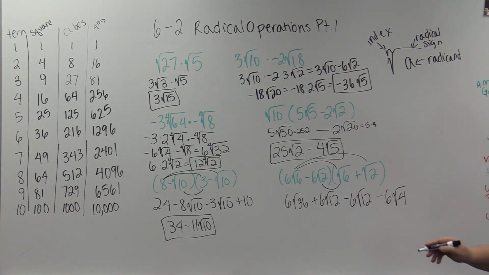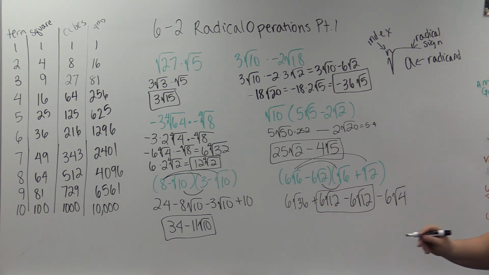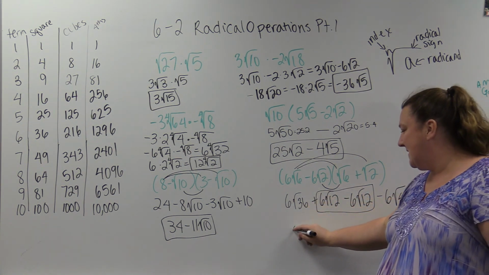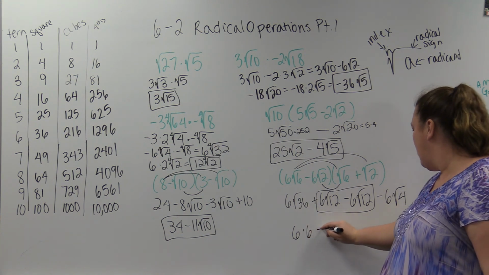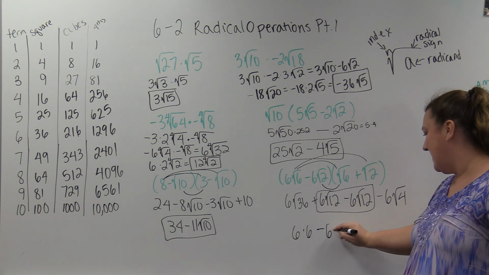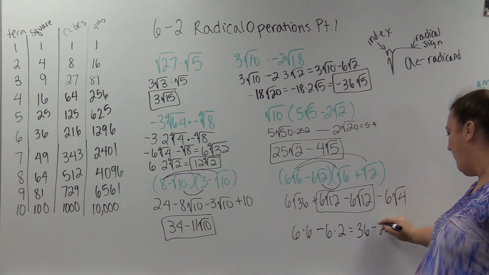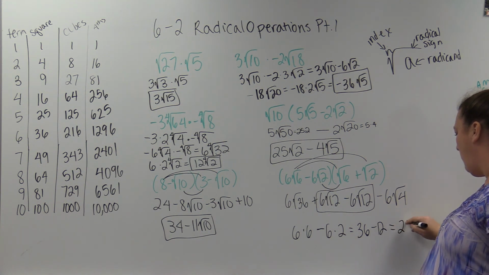One thing that I noticed that's super convenient is these two cancel out because that equals 0. The square root of 36 is 6, so this is 6 times 6 minus the square root of 4 is 2, minus 6 times 2, which is 36 minus 12, which is 24.